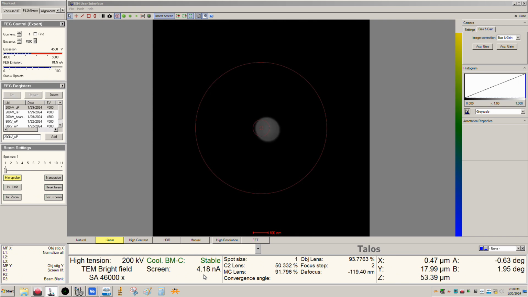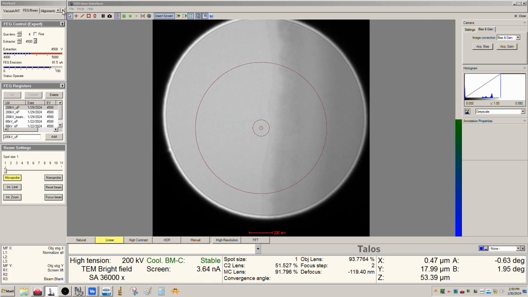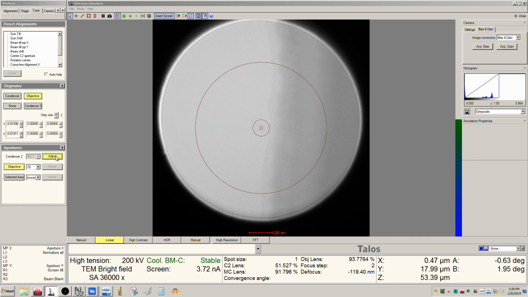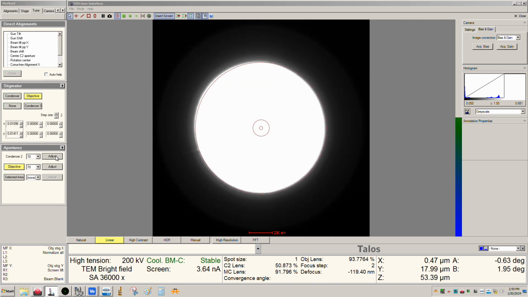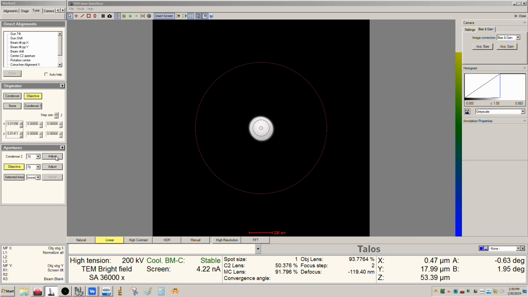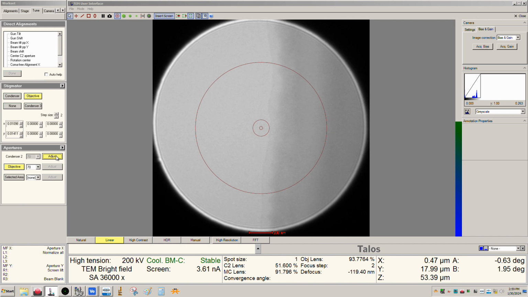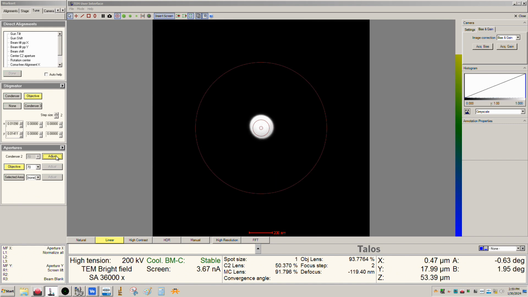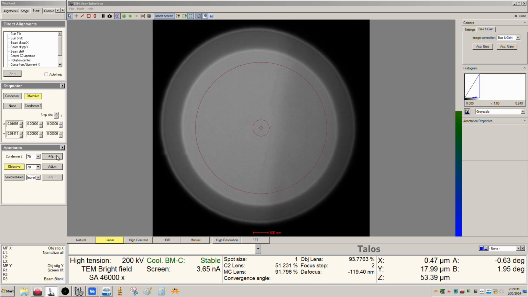I mean, the C2 aperture is probably going to need to be tweaked again, so I can check it here. All right, so you can see that is off. Okay, that looks pretty good.